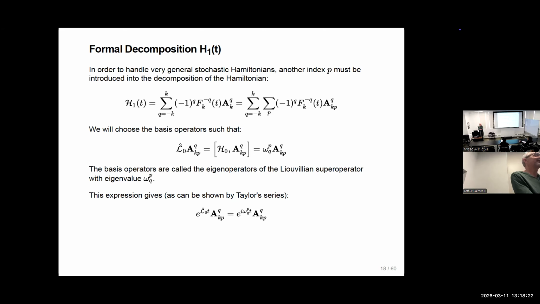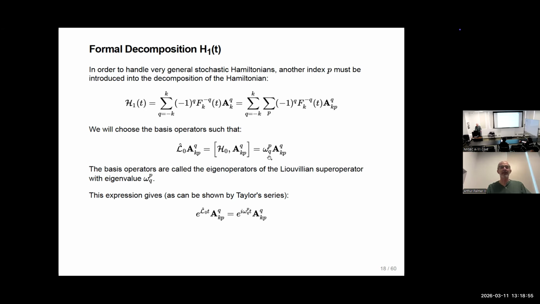I want that transformation to be as simple as I can possibly make it, make my life easy. And the simplest it could be is that I just pick up a phase factor. And to pick up just a phase factor, I have to define the spin operators to satisfy this equation. So I don't know how Redfield thought this up the first time around, but knowing the answer, I can work backwards to what I have to do.